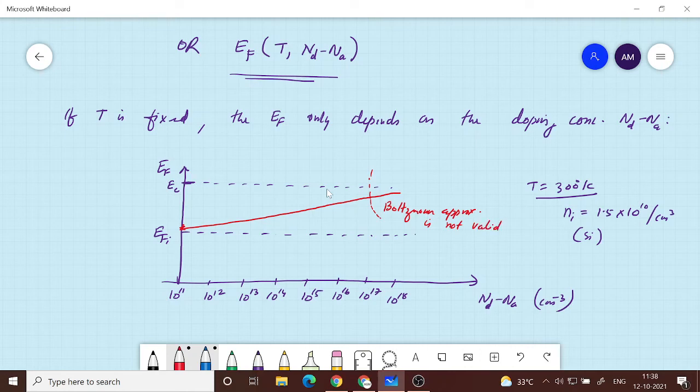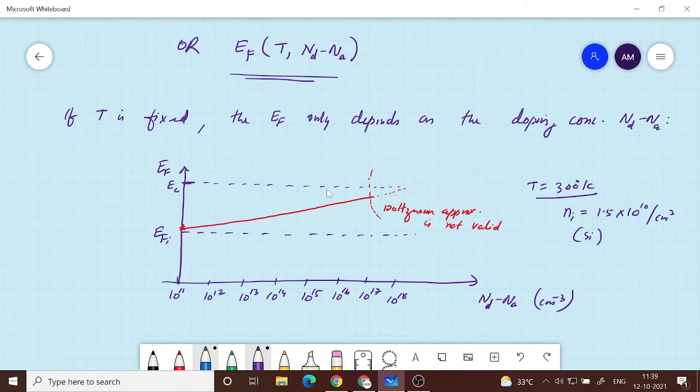But until then, you can show it like this. Here the doping concentration is increasing by 10 times for each step along the axis, so EF changes linearly. But once the Boltzmann approximation breaks down, this line is not very accurate, so you have to show it like this.